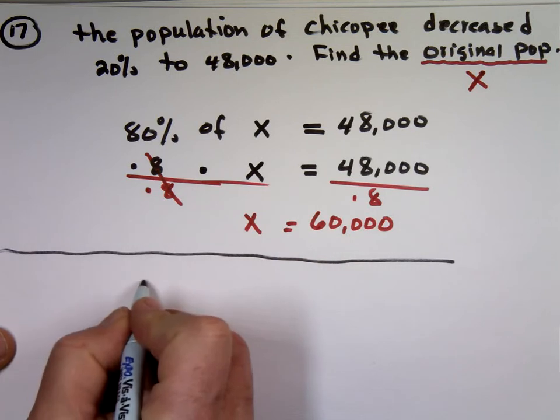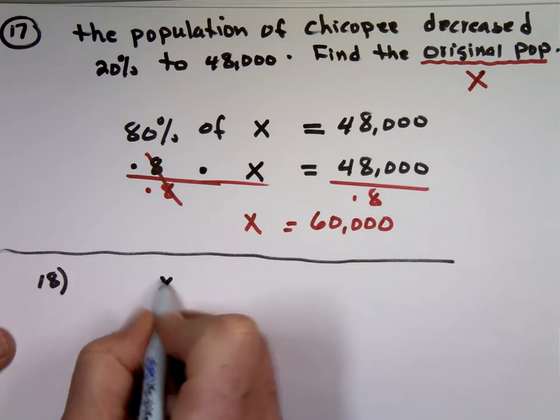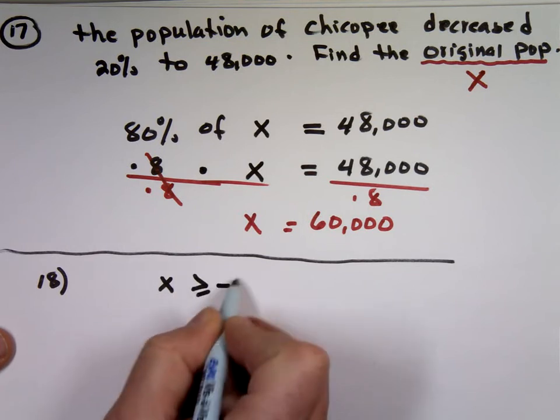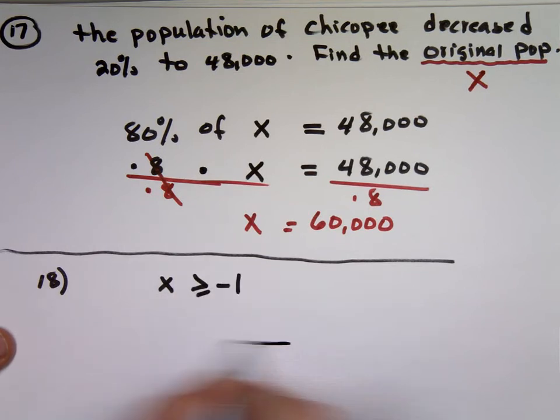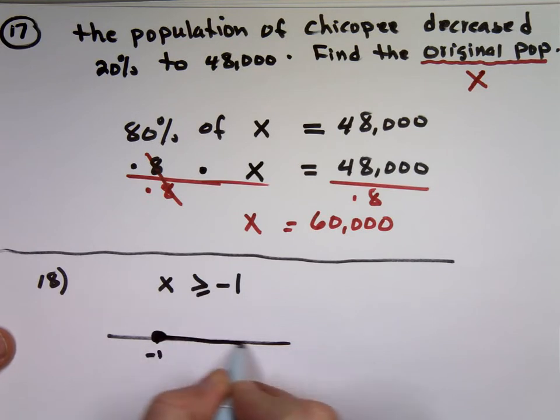Number 18. 3 more questions. X is greater than or equal to minus 1. Which graph is correct? Before you say this is the one or that's the one, let me draw them all.